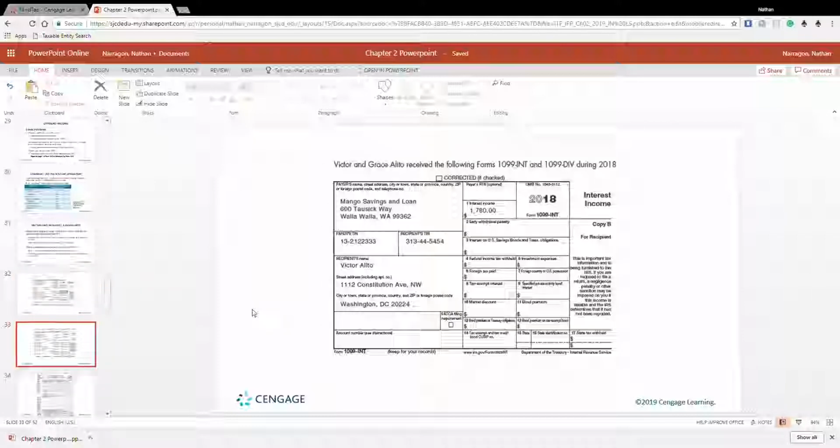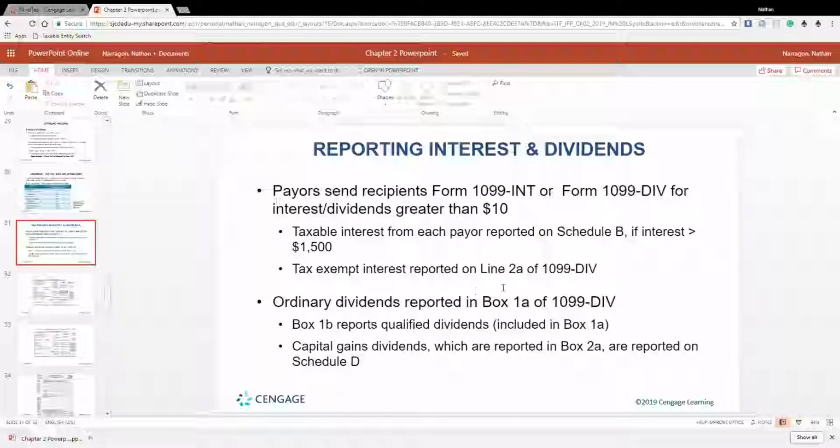1099 interest. Again, we see the interest right here, 1,780. Again, you can see interest on U.S. savings bonds, an early withdrawal penalty if there is such a one, and of course all these others. Here's the tax exempt interest. Again, I don't know why they said 2A.